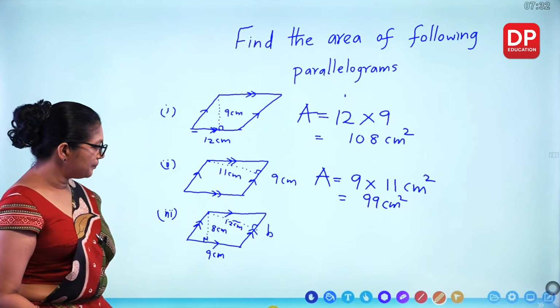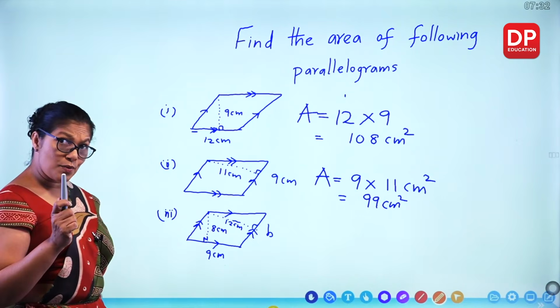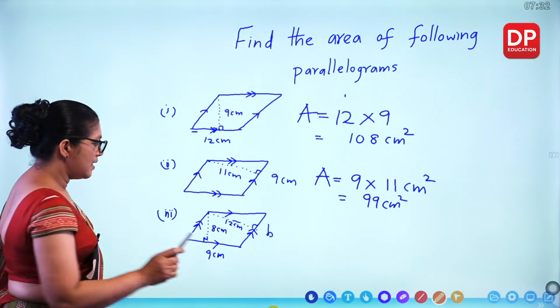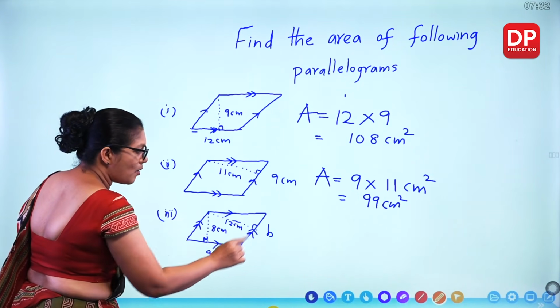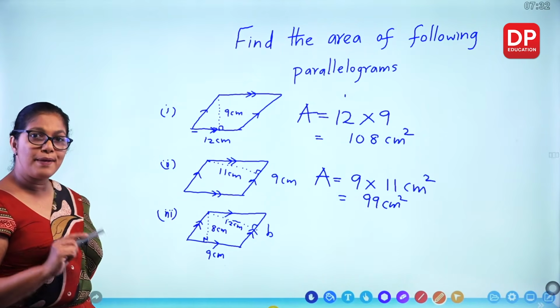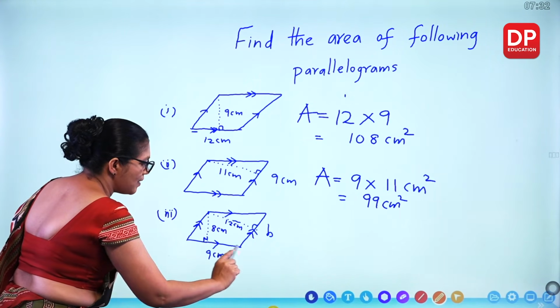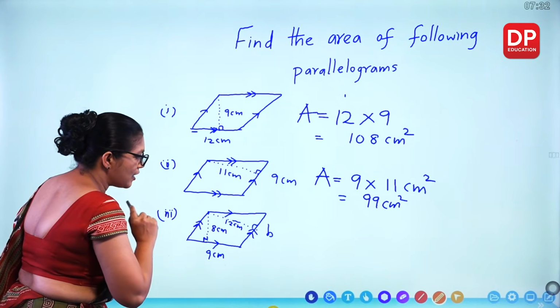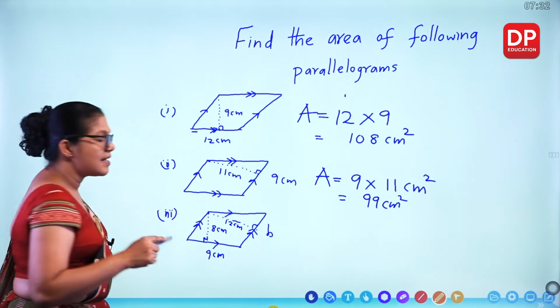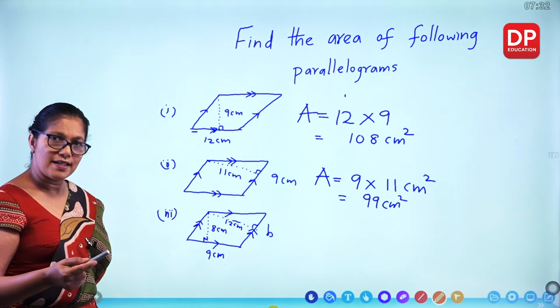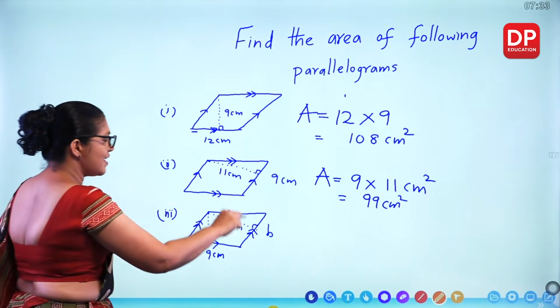Now try this one. In this situation, what's the difference? We are asked to find this length B. Only the sides are given, the other base and a perpendicular height and another perpendicular height. So what's the theory we can use?